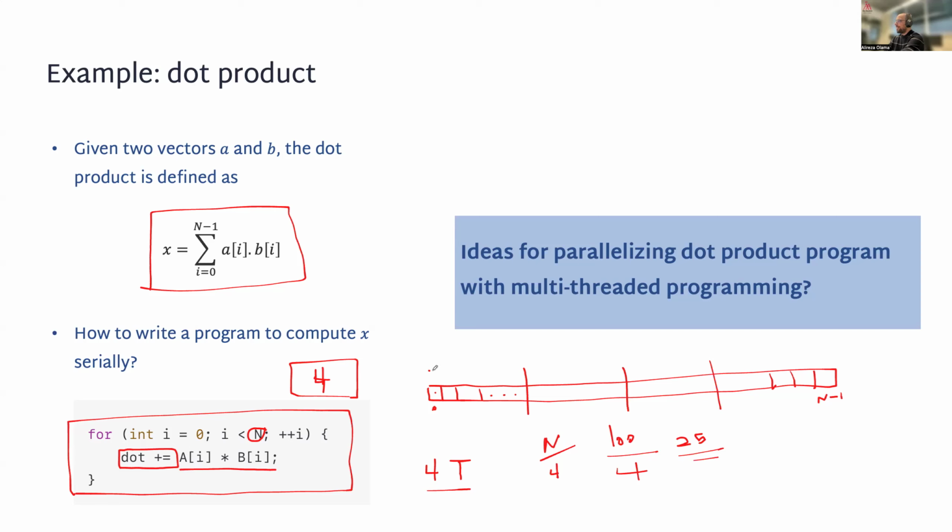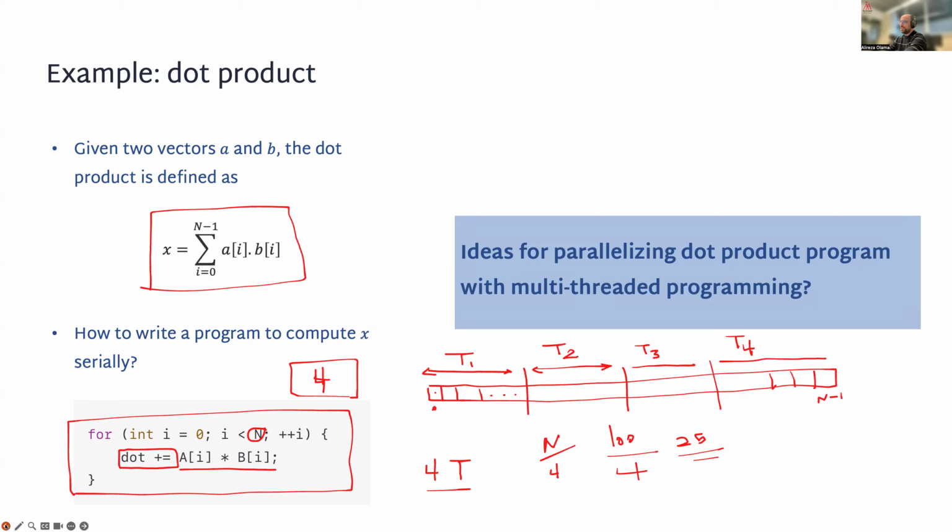I can then assign this part to thread 1, this part to thread 2, this part to thread 3, and this one to thread 4. Okay? And then I can compute 4 dots in this case.